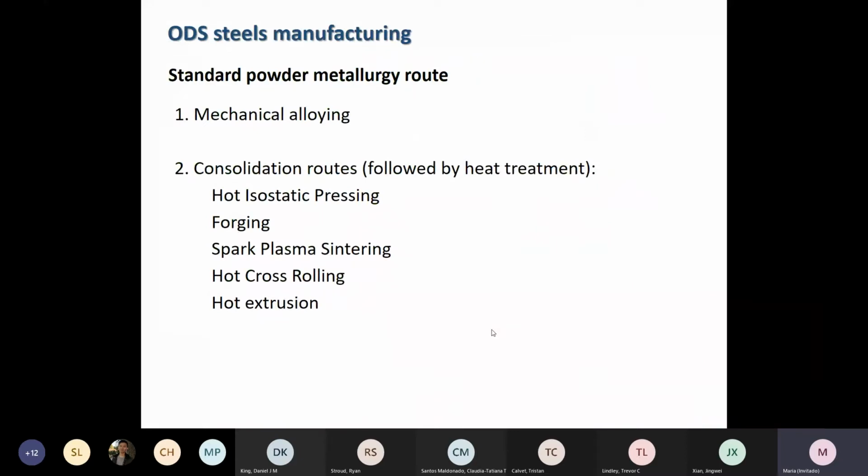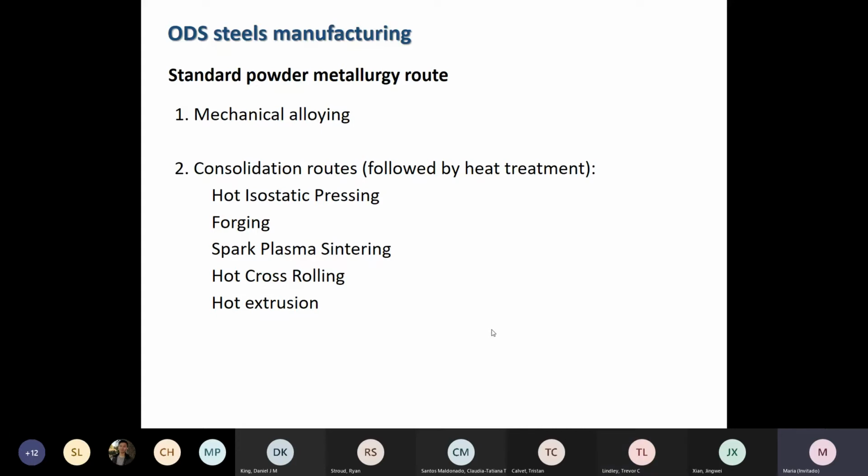I'm brave enough to say that it's quite easy. Well, easy, let's quote it. We can obtain all these steels by a standard powder metallurgy route, which typically includes mechanical alloying, followed by different consolidation routes that can include hot isostatic pressing, forging, spark plasma sintering, hot cross-rolling, or hot extrusion, or a combination of them.